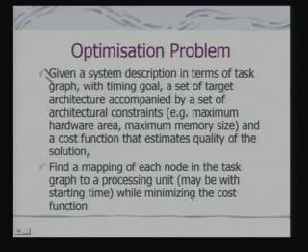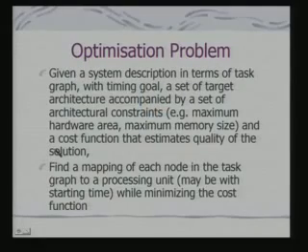Given a system description in terms of a task graph with timing goal, a set of target architectures accompanied by a set of architectural constraints, the target architecture was say 8051 and possible implementation of FSMs with the help of VHDL, and a cost function that estimates the quality of the solution, the design problem or the partitioning problem is that of finding a mapping of each node in the task graph to a processing unit.